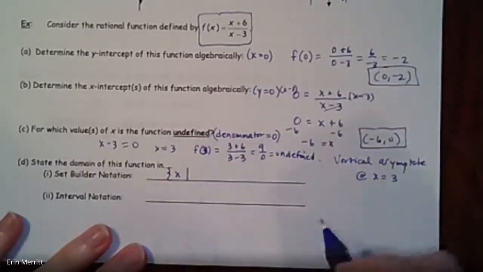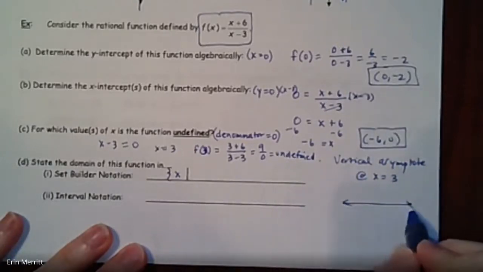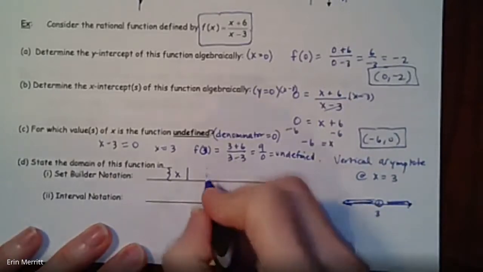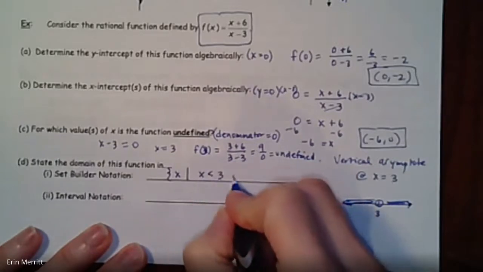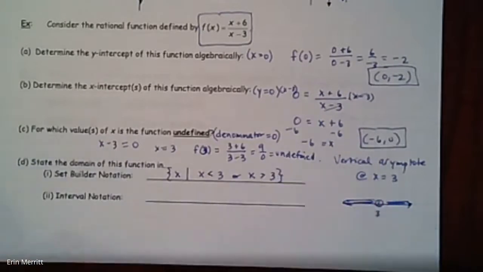So if it can't be 3, then if we think about this on a number line, it would be an open circle at 3, but it can be everything to the left. It can be everything to the right. So it can be less than 3, or it can be everything greater than 3. And that would be our domain in set notation.